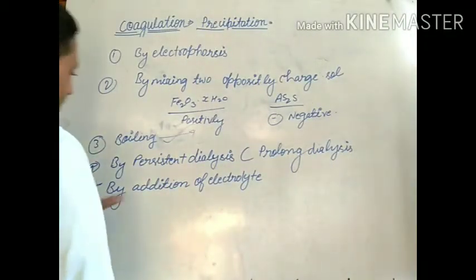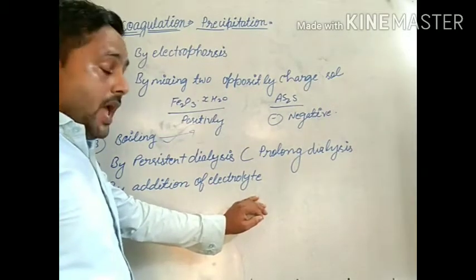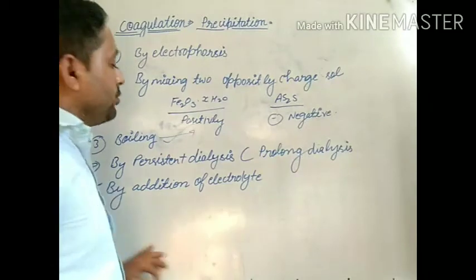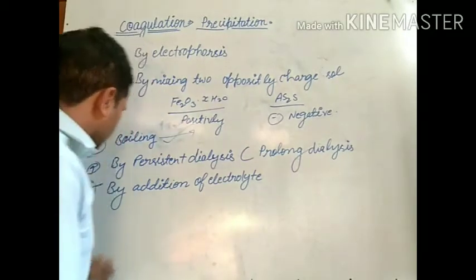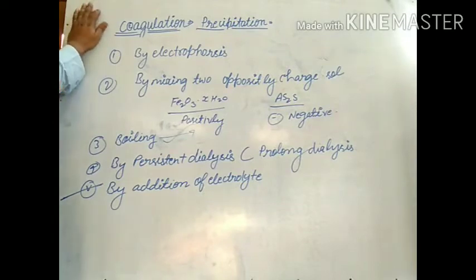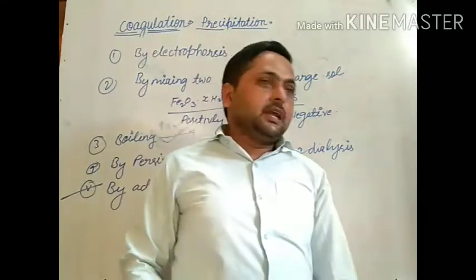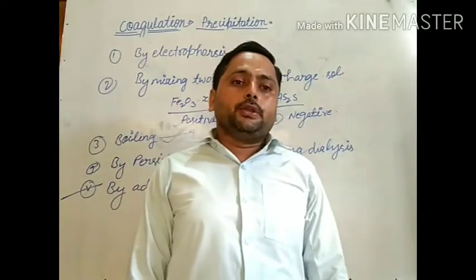So there are five methods by which we can coagulate or precipitate the colloidal solution.